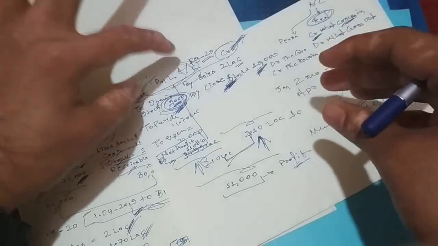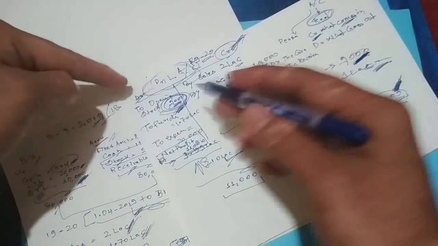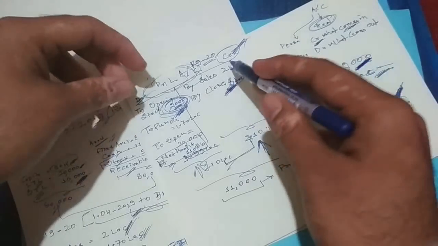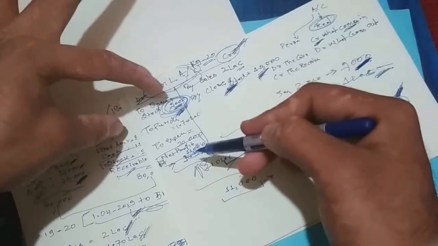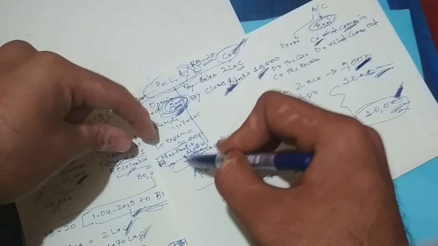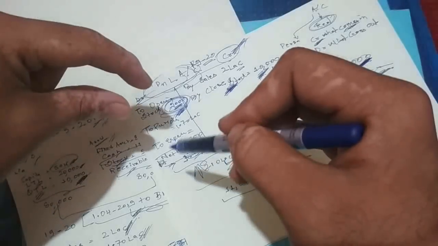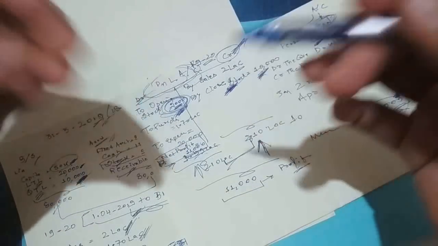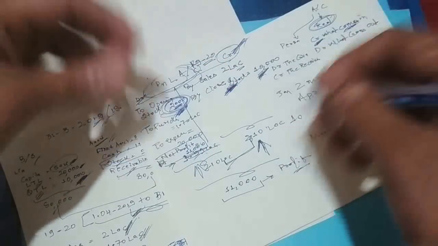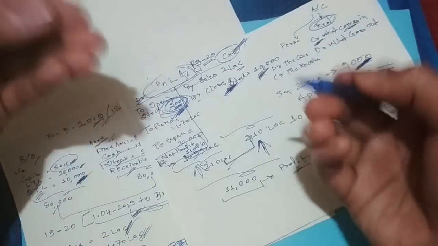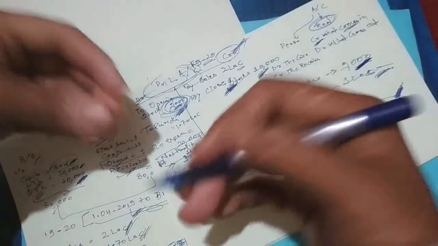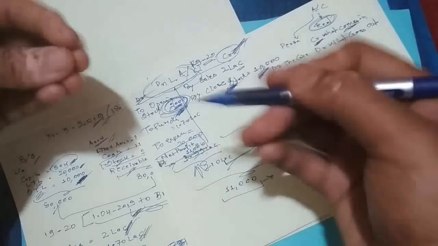In the profit and loss account, when the credit is more in the company, we are in profit, and when the debit is more in the company, we are in loss.